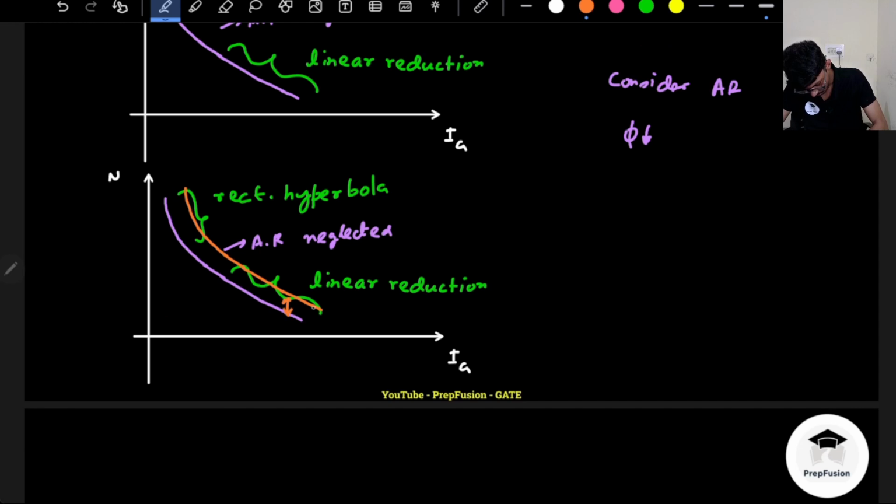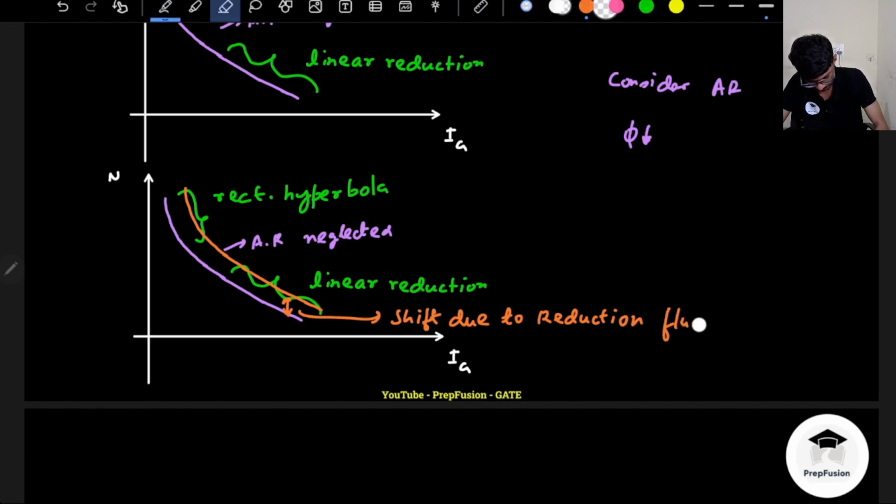So shifting due to reduction in flux. Okay, so this graph is with armature reaction considered.